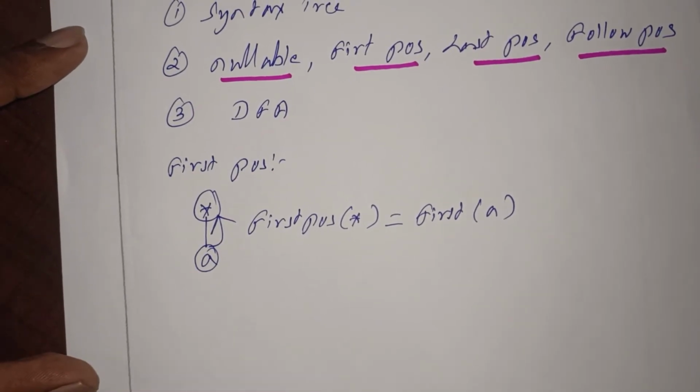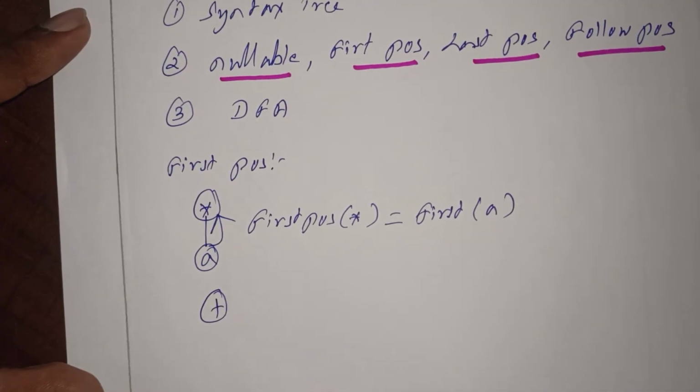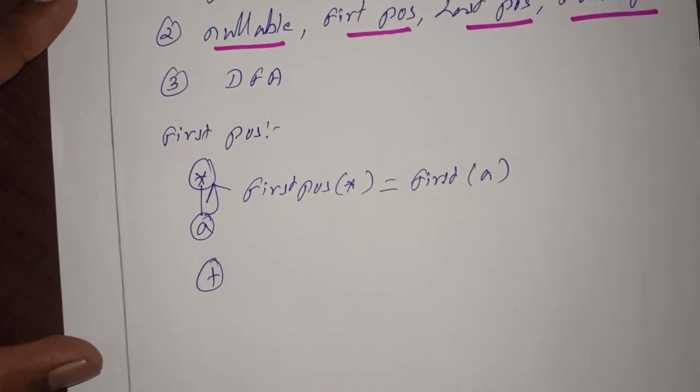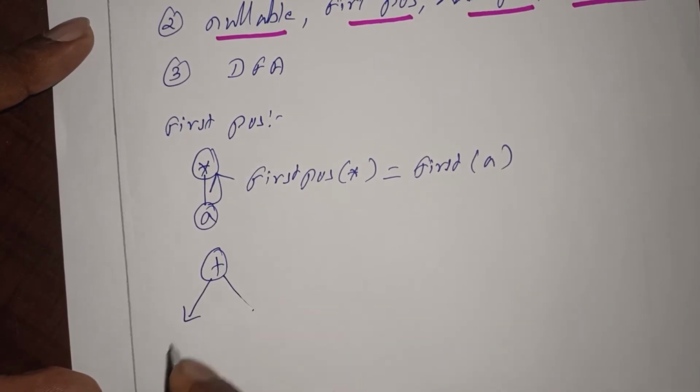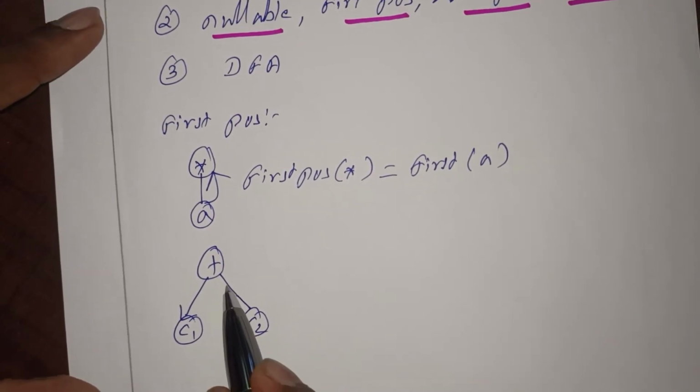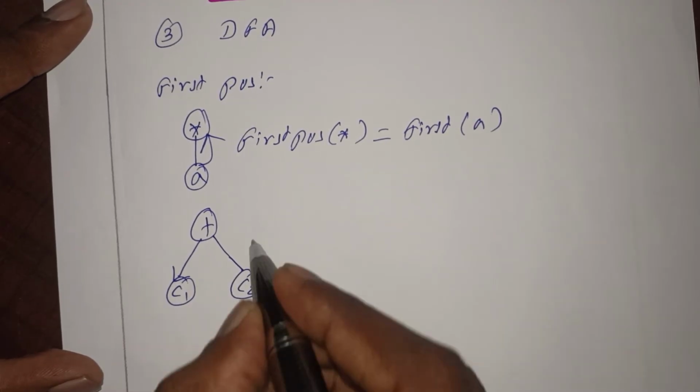So that is for asterisk. I am going to show you the same feature for plus, that is you can call it an OR operation. Say for example, it has two nodes, C1 and C2.